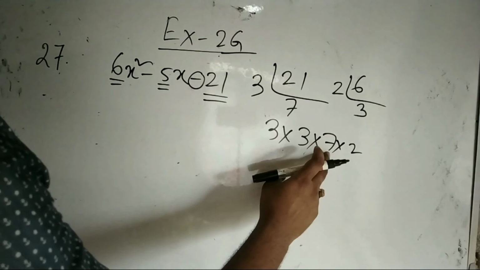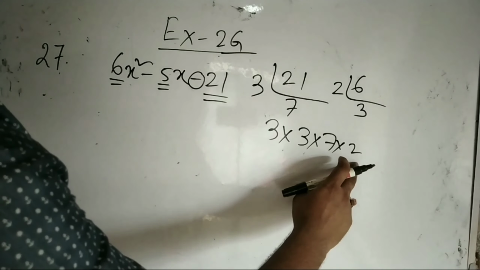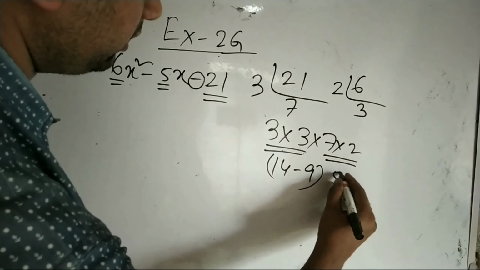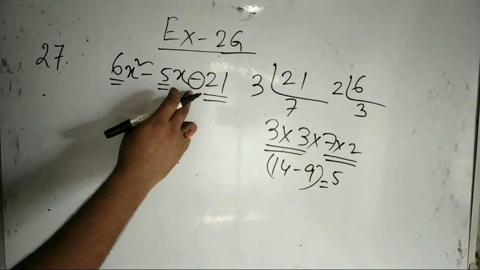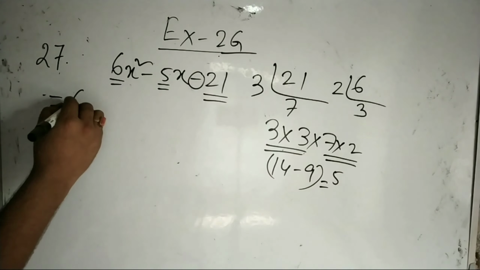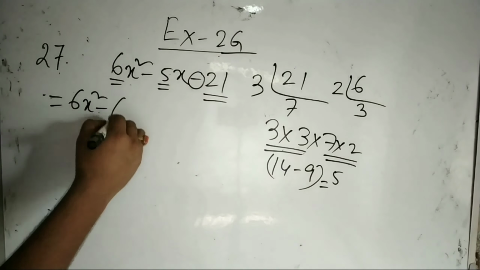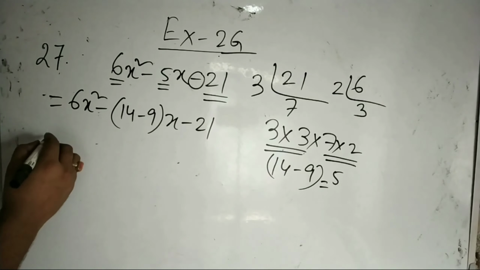So 7 2s are 14 and 3 3s are 9. 14 minus 9 gives you 5. Why minus? Because here it is a negative sign. So we can write 5 as 14 minus 9, giving 6x square minus 14 minus 9 into x minus 21.